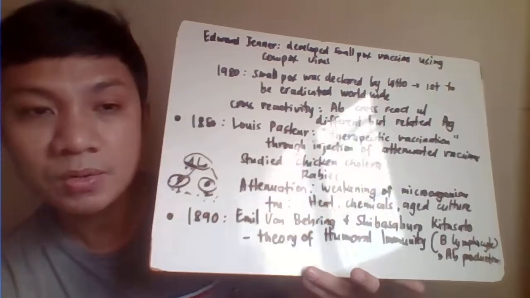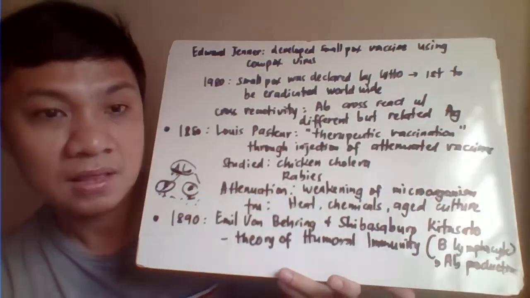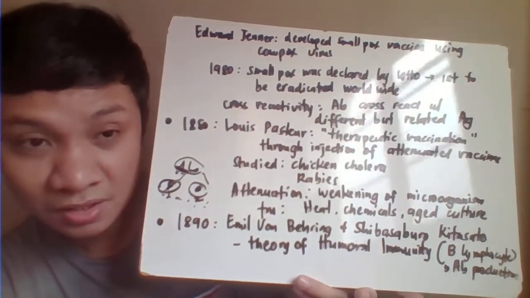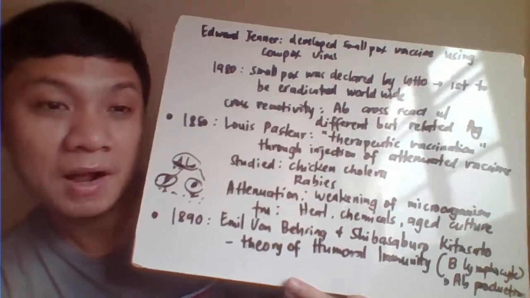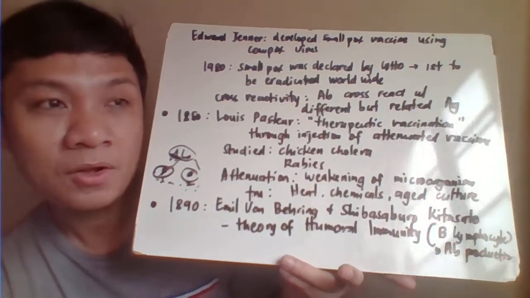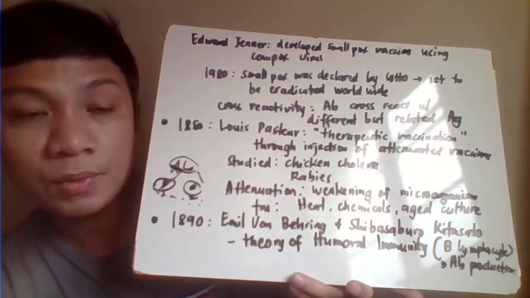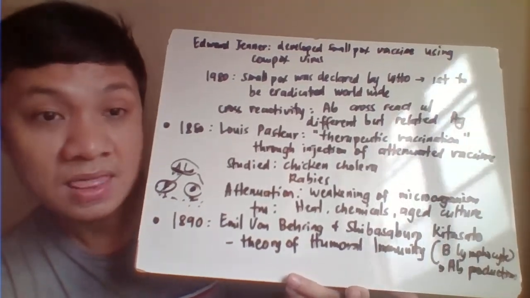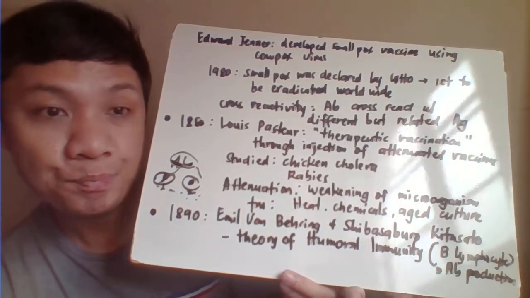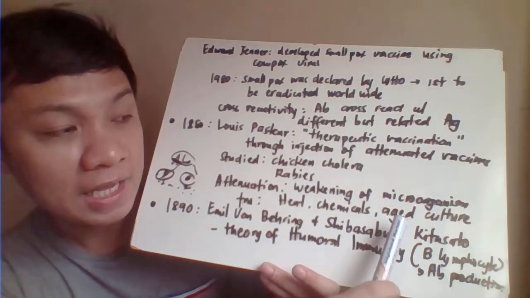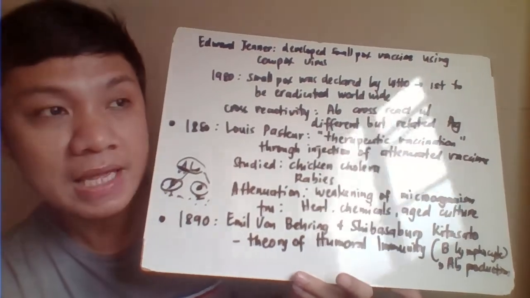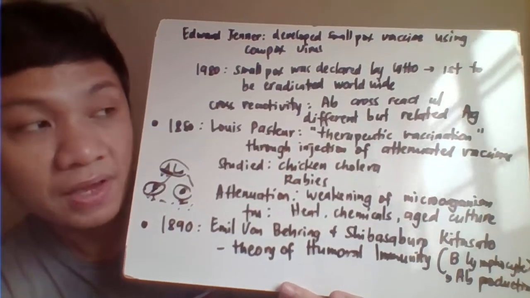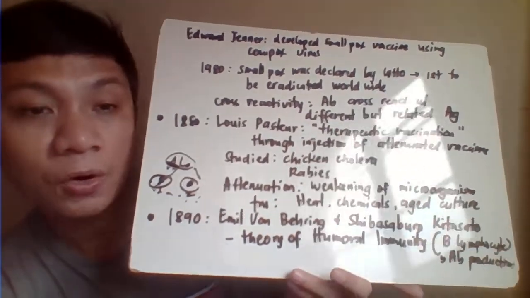Louis Pasteur actually studied this phenomenon in chicken cholera, an infection that causes cholera among chickens. He took a specimen from a chicken infected by chicken cholera and allowed it to become an aged culture. Eventually, that aged culture rendered the organism less virulent, attenuated or weakened.